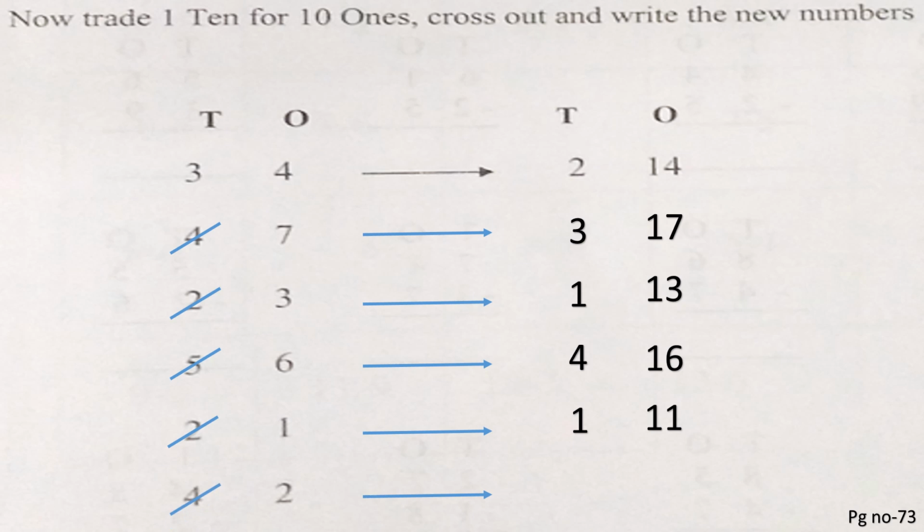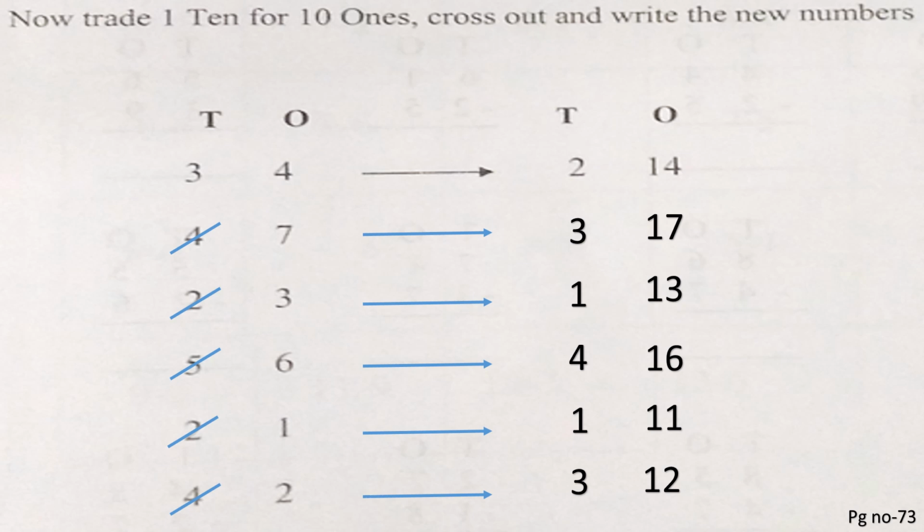Let's strike 4. And the new number we get is 3. And the new number which we are going to get in ones place will be 12. Very good. Did you observe, children? In tens place, when we take away 10, we are going to get the before number.